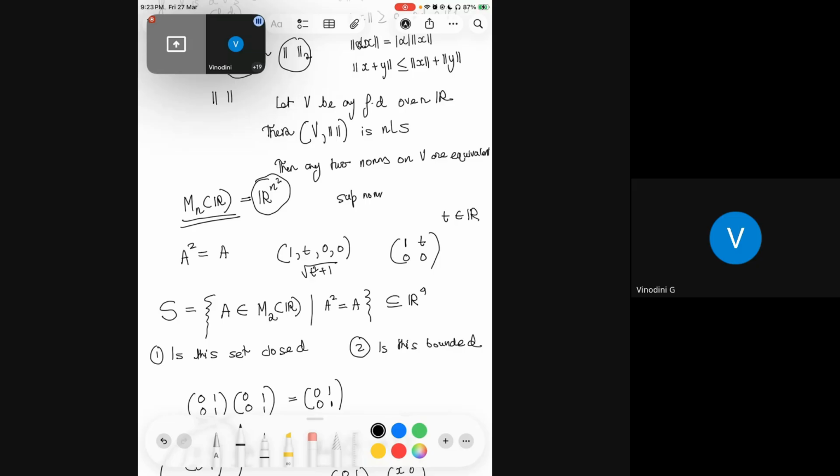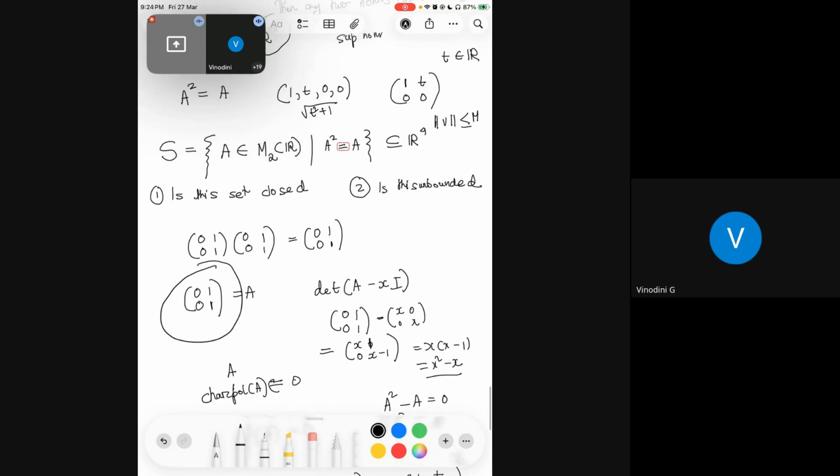So there are vectors of arbitrarily large norm inside S, so S cannot be bounded. If S was bounded, every vector must have norm less than some natural number. So you just proved that this is unbounded. Very good.